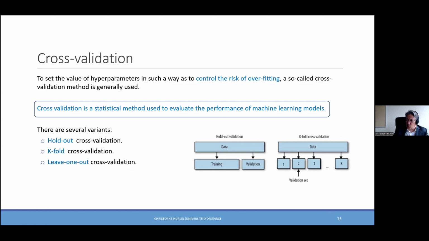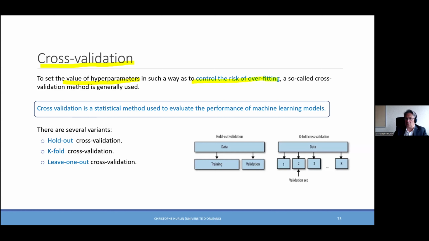How to determine the optimal complexity with the hyperparameters? There are many ways to do that, but the most well-known method is what we call cross-validation. The idea is to fix the value of the hyperparameters so as to control the risk of overfitting.